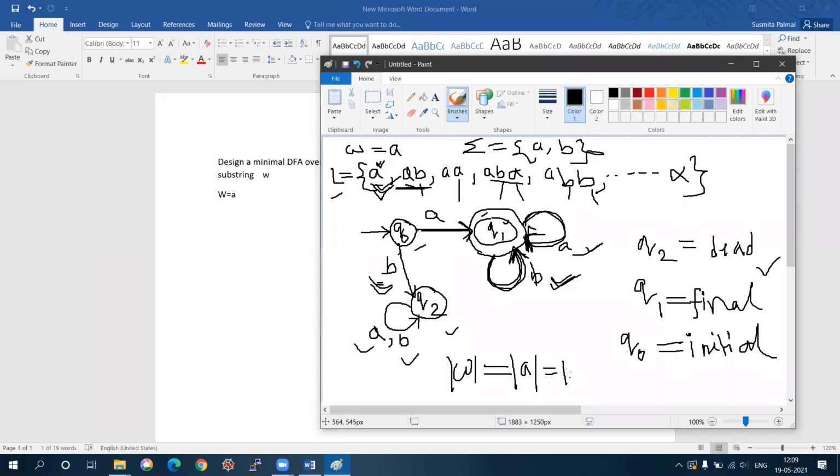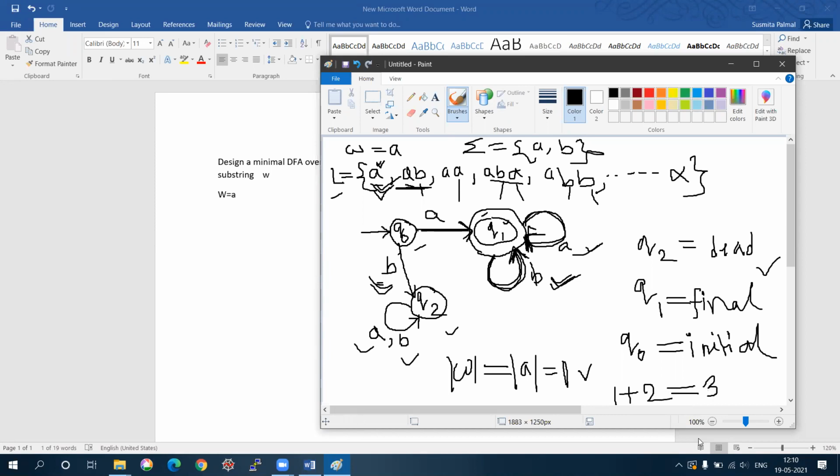So if the starting string length is 1, then what is our number of states? Total number of states are 3. So we can map that if the starting string length is 1, then 1 plus 2 is our total number of states, which is the minimum number of states.